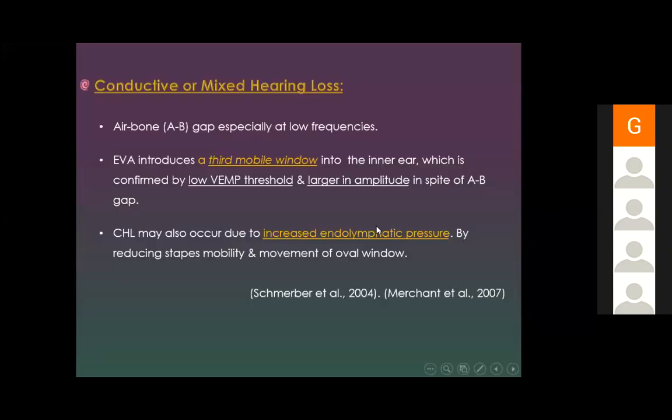So the conductive element in an EVA patient may be the third window phenomenon, or the presence of hydrops may cause stiffness of the stapes, so no sound wave, or a decreased number of waves, is transmitted from the external and middle ear to the inner ear. Conductive hearing loss may occur due to increased endolymphatic pressure, reducing stapes mobility and movement of the oval window.